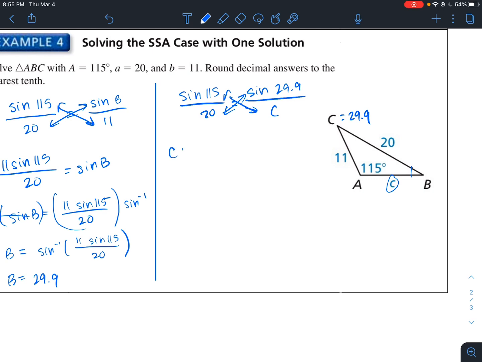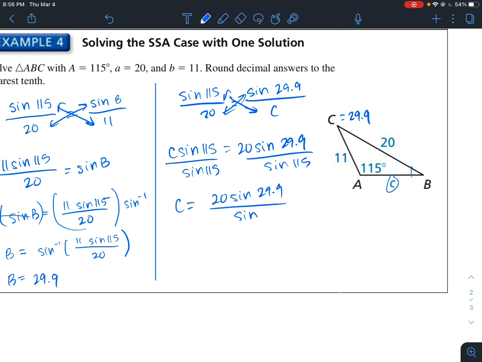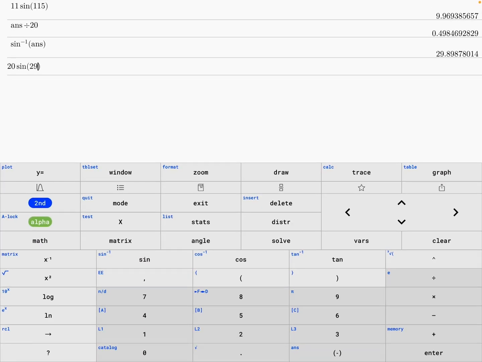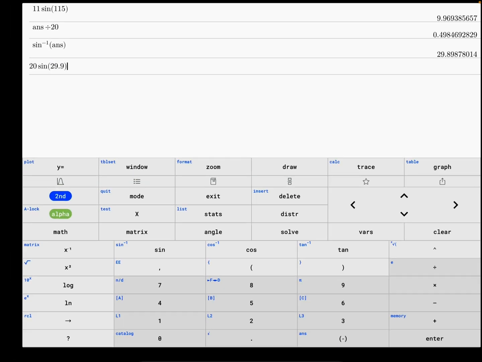So I know that C sine of 115 is equal to 20 sine of 29.9, divided by sine of 115 on both sides. So C is equal to 20 sine of 29.9 divided by sine of 115. So 20 sine of 29.9, and that's being divided by sine of 115.